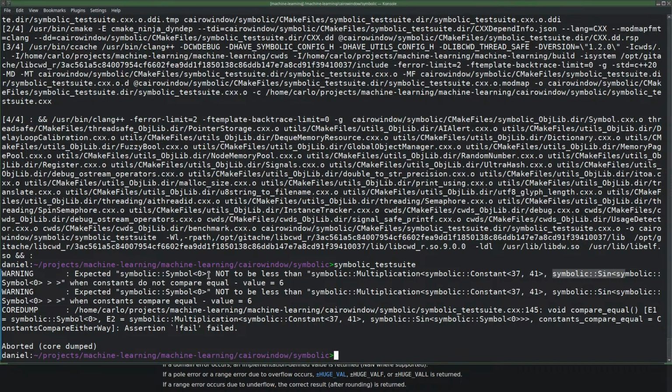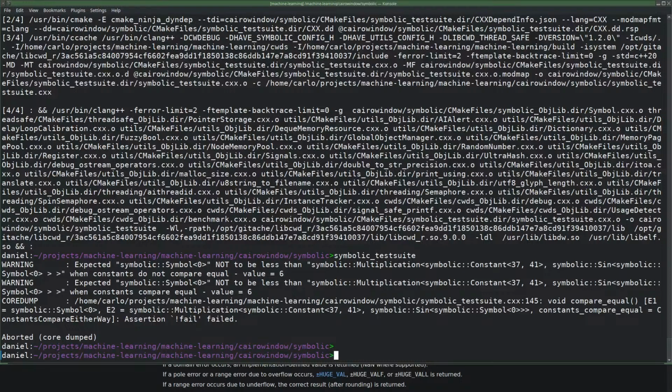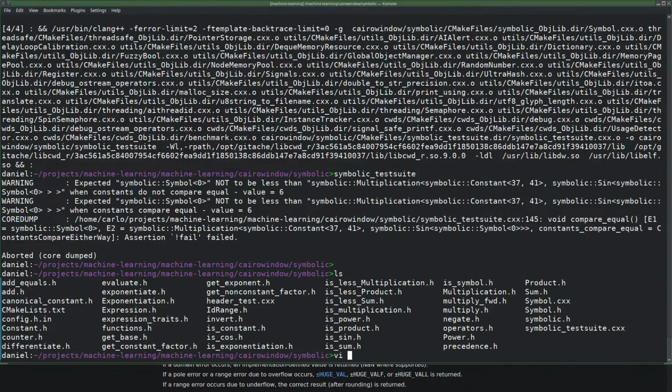Oh, there's an error in my test suite. It is less. The symbol is less than a sinus. Yeah, the test suite is wrong. I copied that from product, but it was not allowed to have a multiplication of a constant with a symbol. That's my test suite.